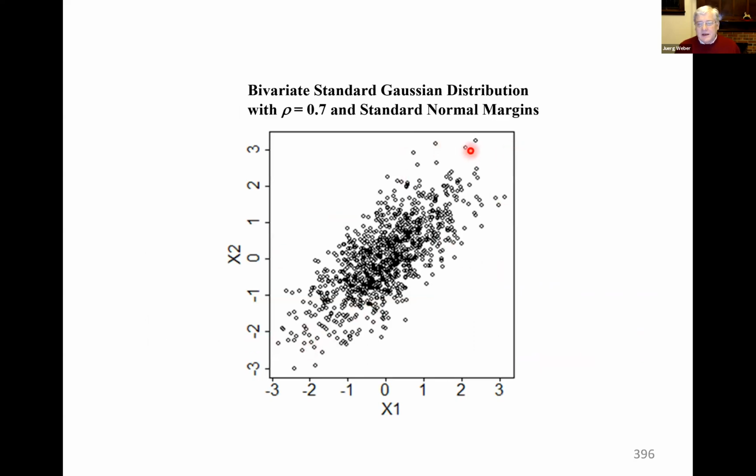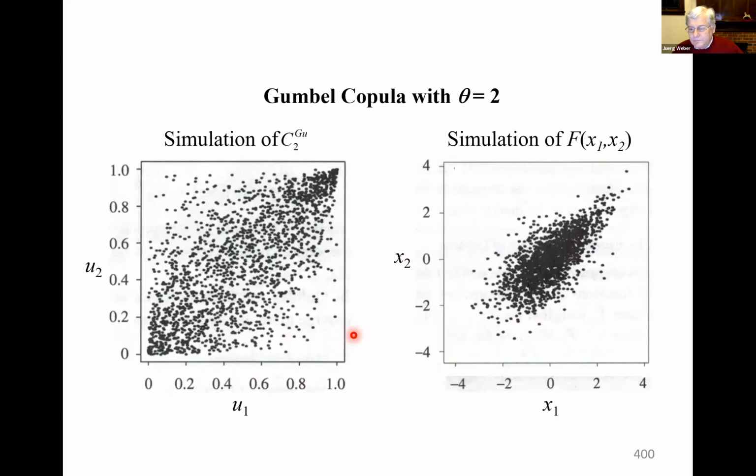So that's a Gaussian distribution with no tail dependence. So with the Gumbel, we have upper tail dependence. With the Clayton, we would have lower tail dependence. But the Clayton, I'm not using.